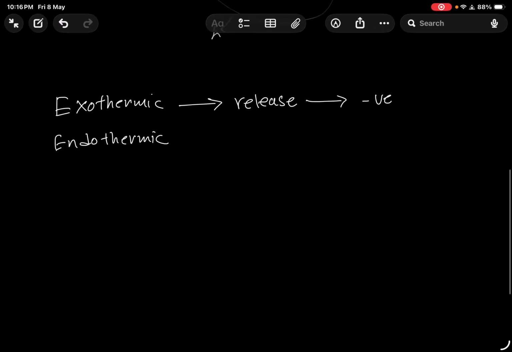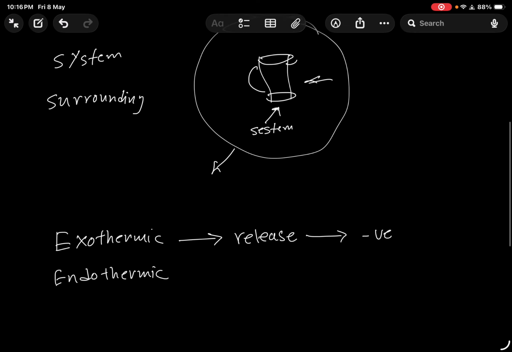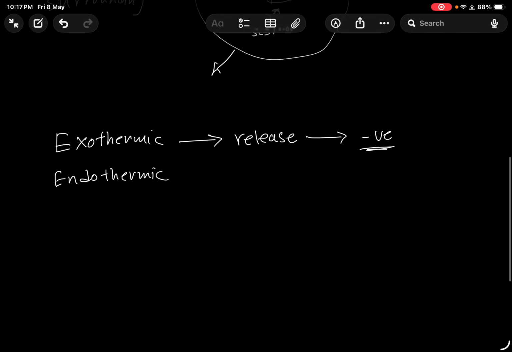To understand this better, look at the kettle as an example. If we have boiling water inside the kettle and it releases energy, the water will cool down, and this will cause a negative internal energy, because the boiling water has lost its heat and has cooled down.